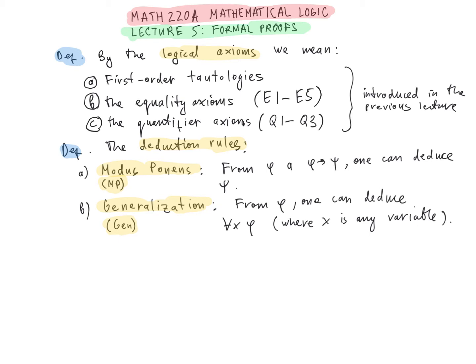Given the logical axioms and the deduction rules, we can now define formal proofs. 1. Let phi be an L formula in some given first order language L, and let T be an L theory; remember, this just means that T is a set of L sentences.